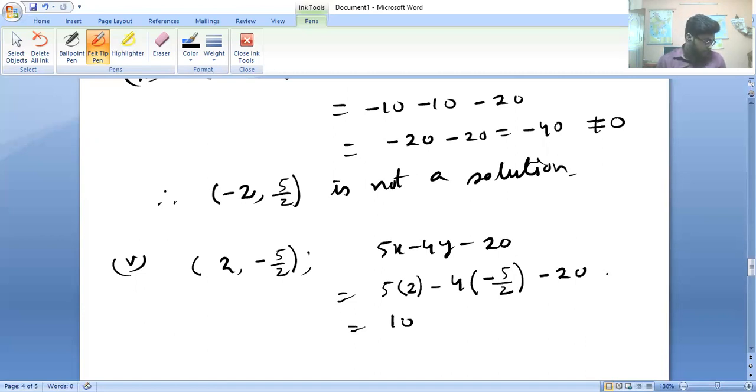So 5 2s are 10. Okay. So we have 2 2s are 4, 2 into minus 5 becomes minus 10, and this here becomes plus 10.